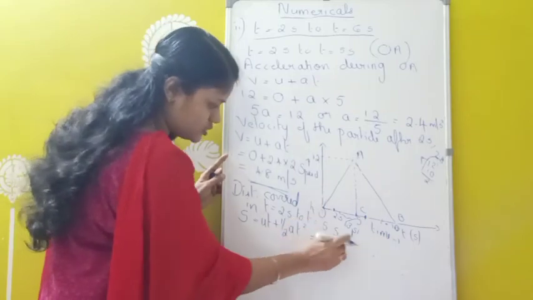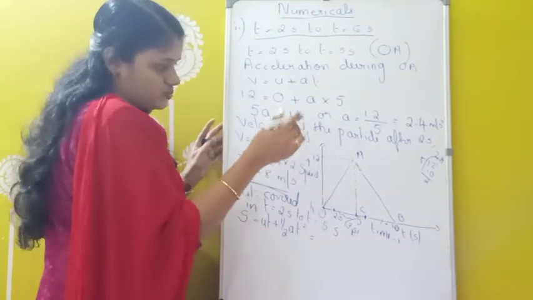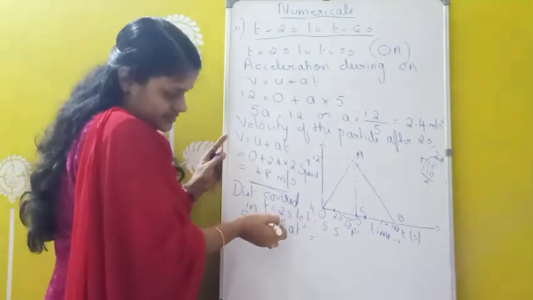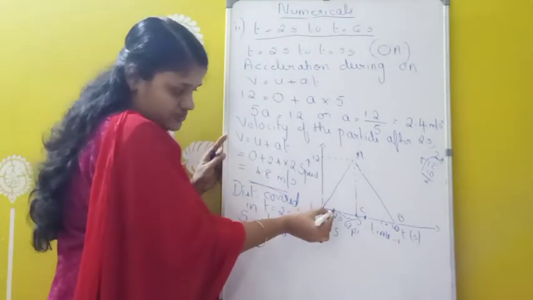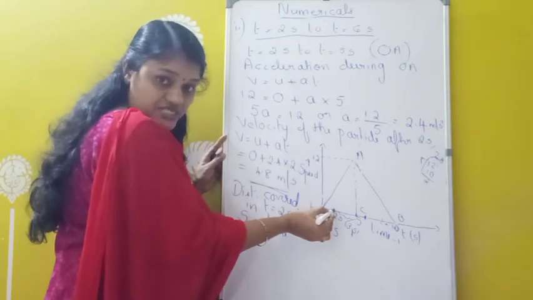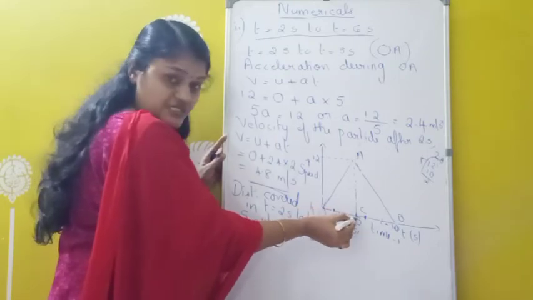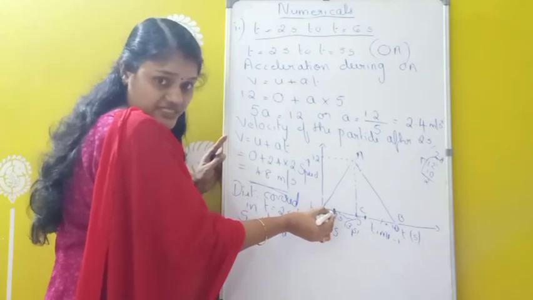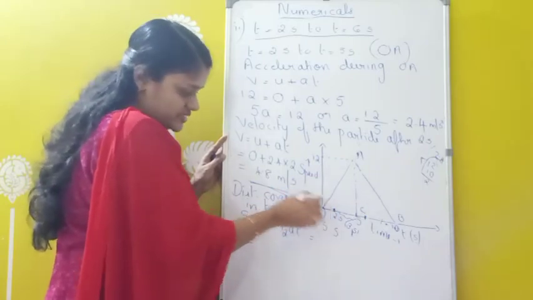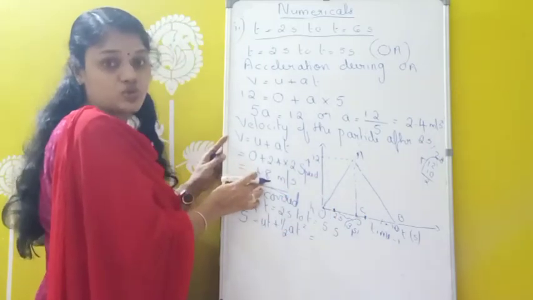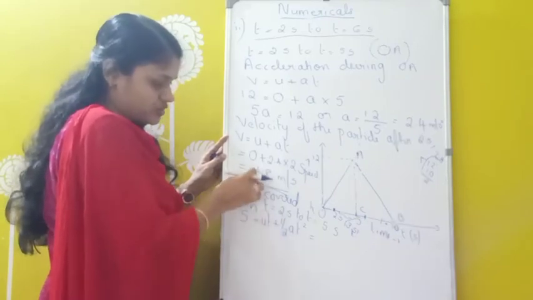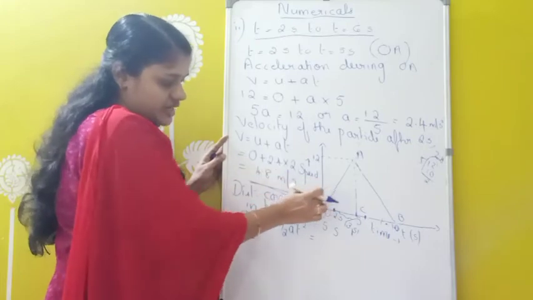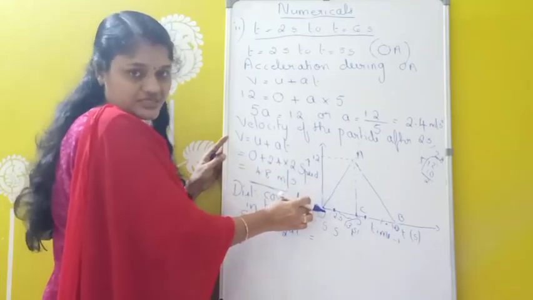What is u here? u means the initial velocity, but here they are asking for the distance covered from t equals 2 seconds to 5 seconds. So 2 seconds is the initial time now. At 2 seconds the velocity is 4.8. So instead of u we put 4.8, not 0. For the starting time you put velocity as 0.